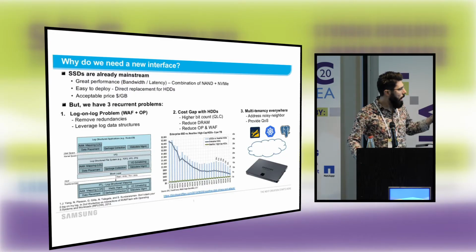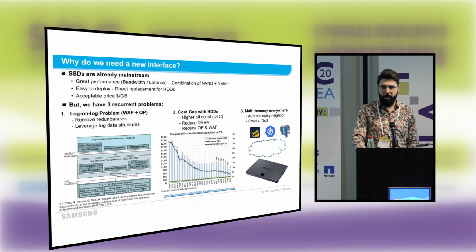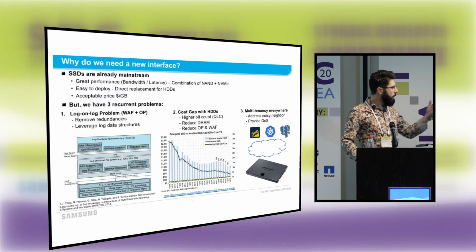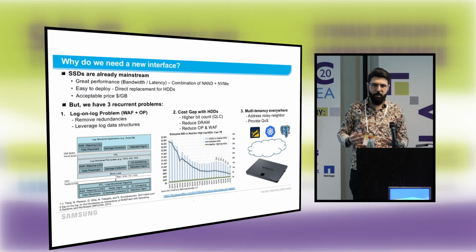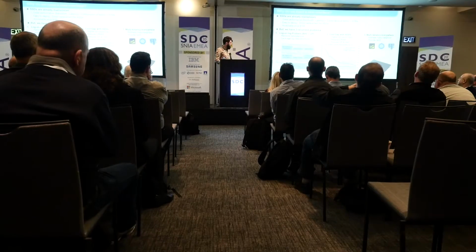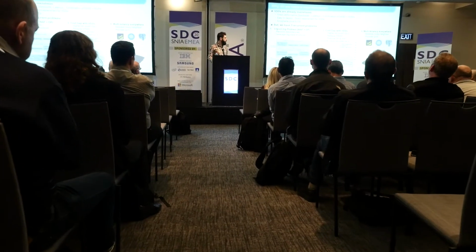If you go up the stack, you have file systems that are doing exactly the same thing. Many of them. You have examples in Linux: F2FS, XFS, CFS. They basically do the same thing. Instead of doing it at an LBA level, they're doing it at a sector level, or at a larger segment level.